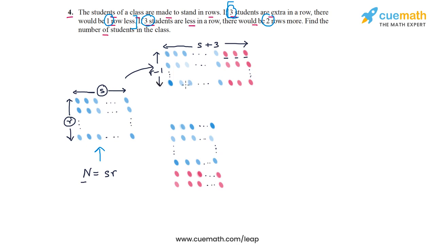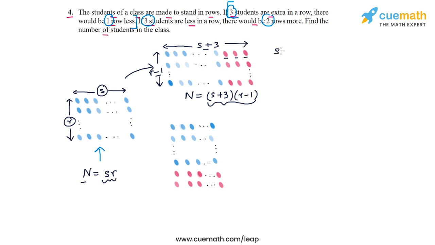What remains the same is the total number of students, which is still the product of the number of rows and the number of students per row. So the total number of students can be written as S plus 3 times R minus 1.